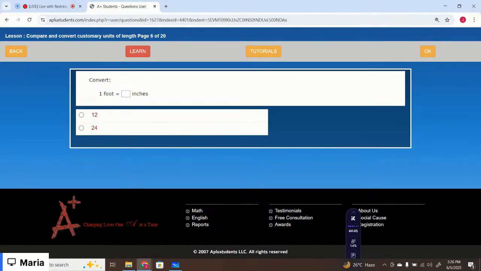One foot equals how many inches? 1 foot equals 12 inches. Option number one is the correct option.